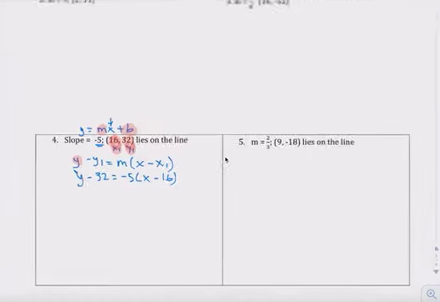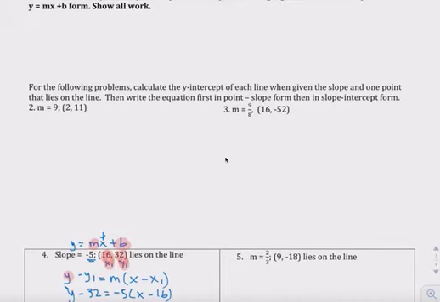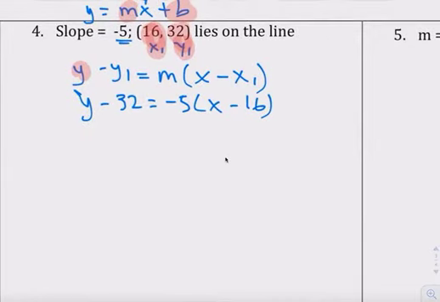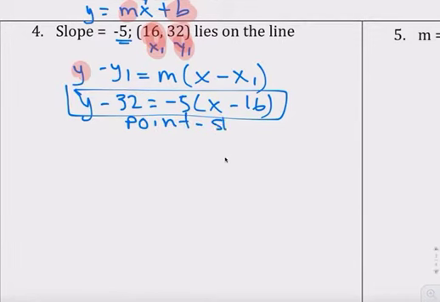But they ask you, I believe, to write the equation first in point slope form and then in slope intercept form. After that, this is point slope. So on your test, you just need to circle and put point slope for me. And then you solve it to find slope intercept.